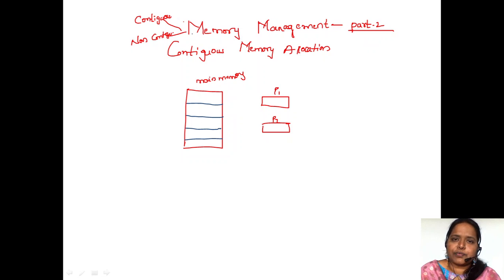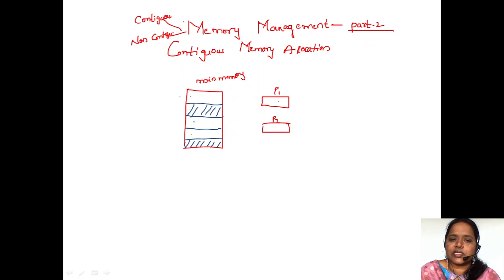Memory management keeps track of how many empty slots and how many full slots there are. Here, this one, this one and this one are empty slots. Suppose P1 can accommodate 5 instructions.